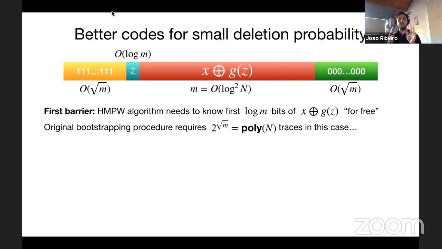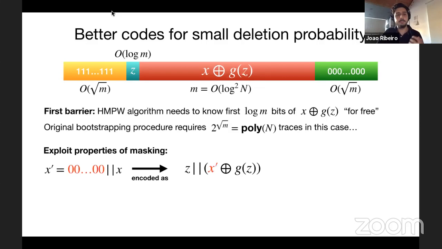But you're going to see how we can reduce the number of traces needed for bootstrapping using the flexibility of our masking encoding. So first, you want to find out the first few bits of the mask X plus G of Z. Well, instead of encoding X, try encoding X but prepended with some zeros.